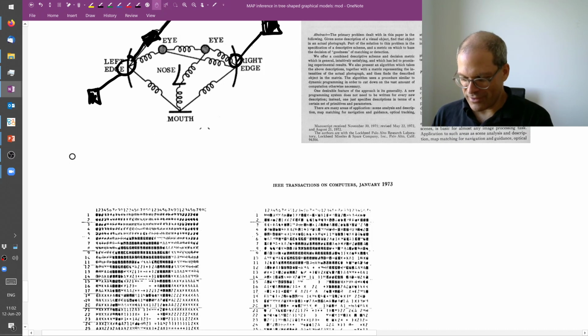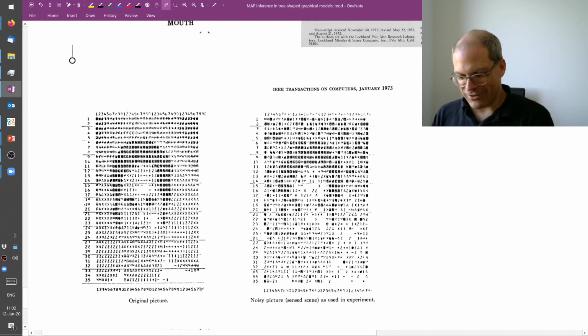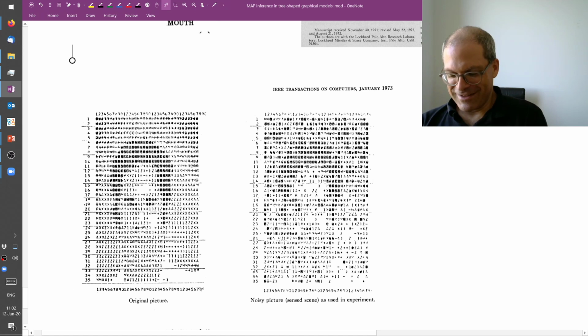And I also want to show you this. In 1973, which is broadly how old I am, I'm a bit younger, 2 years younger, this is how an image was represented. Those were the limitations of computers and printers at the time.